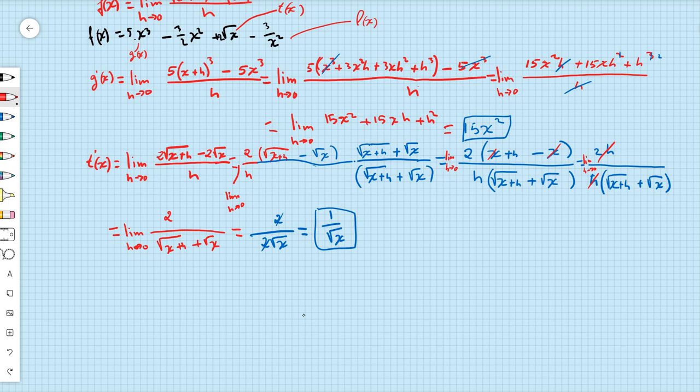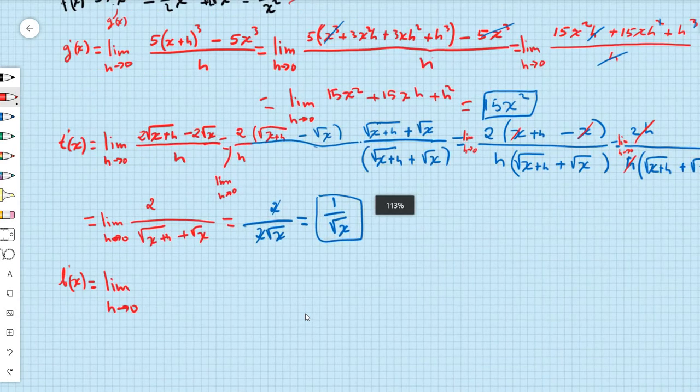So you're trying to find the derivative L prime of x using the limits. So you'll be taking the limit of L of x plus h when h tends to 0.